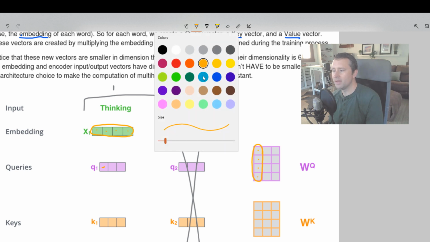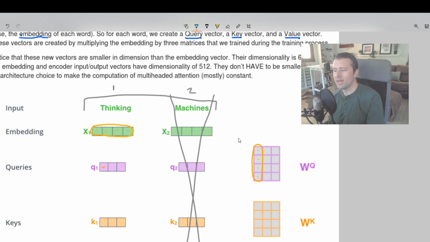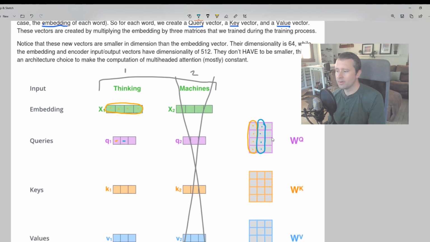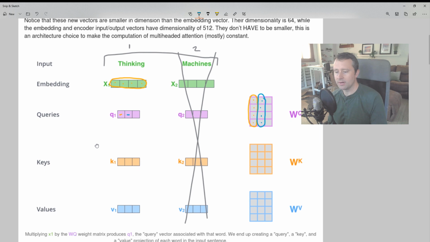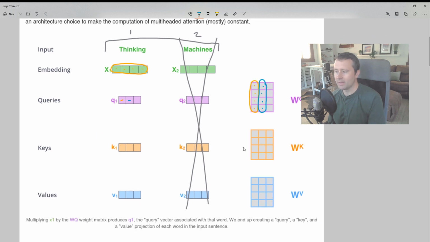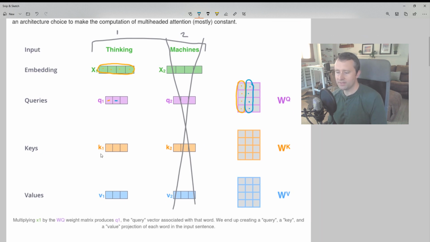And then we do the same thing, take the embedding, rotate 90 degrees, multiply it element-wise against this column vector, and that produces this value. And then again for the third column. We do that with the query matrix to create the query vector, and then we've got these 2 other vectors as well. We've got the key vectors and the value vectors.